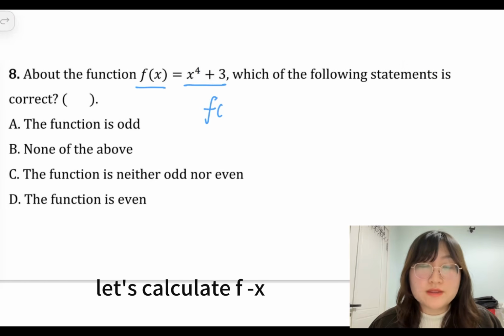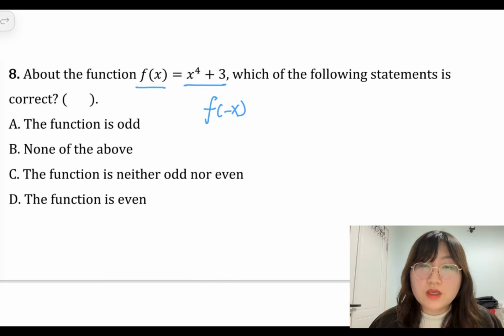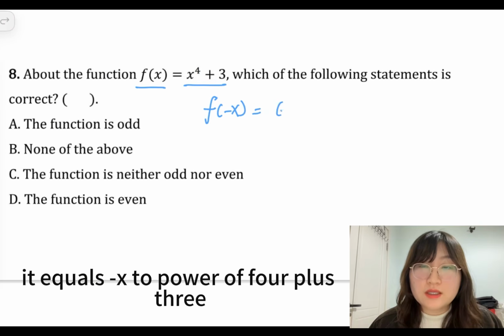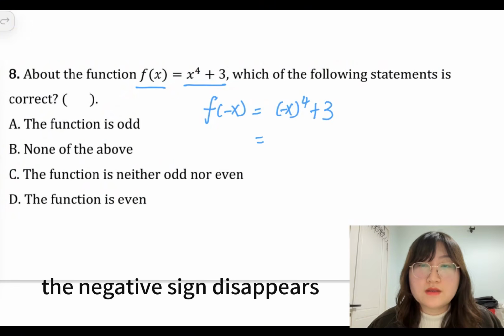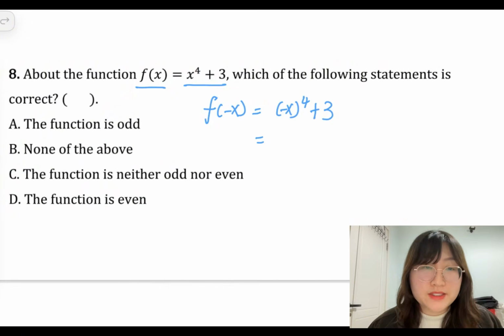Let's calculate f of negative x. It equals negative x to the power of 4 plus 3. Because 4 is an even exponent, the negative sign disappears.